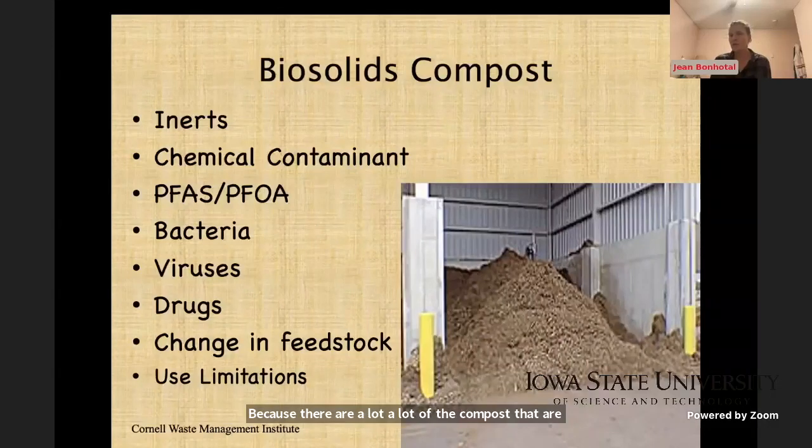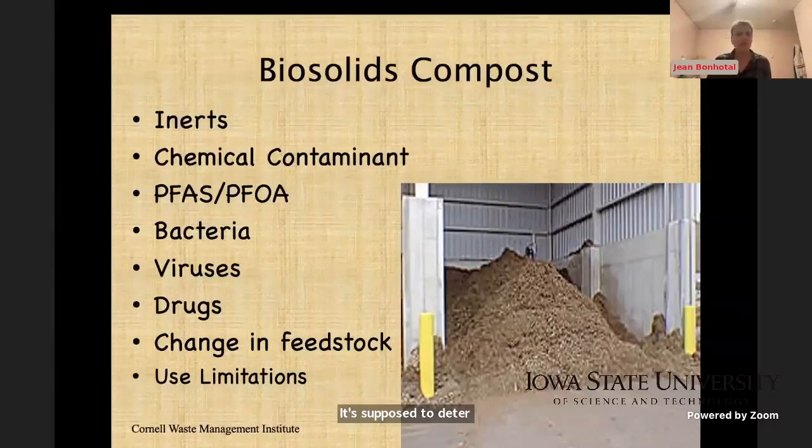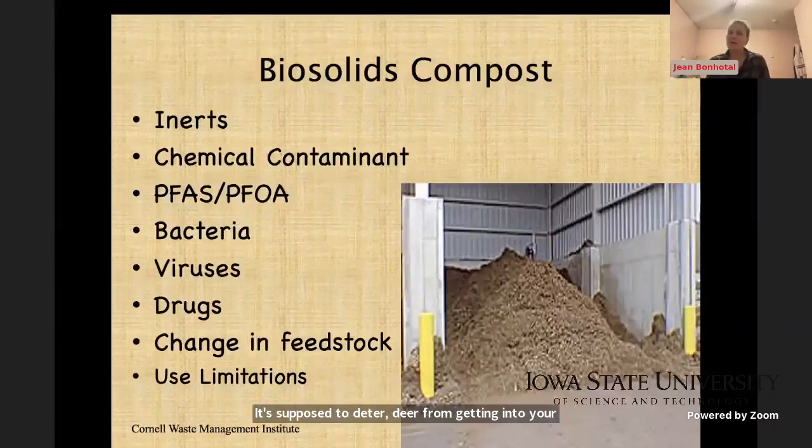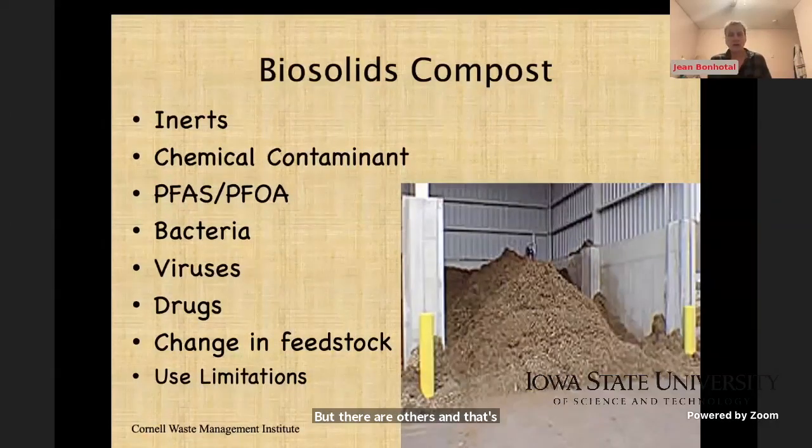Milorganite is one of them that you may hear of. It's supposed to deter deer from getting into your garden and things like that. So that's one of the ones that's marketed in a large way. But there are others, and that's Milwaukee's sludge or biosolids.